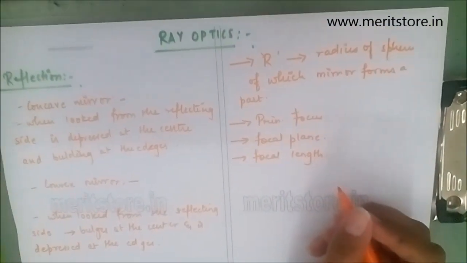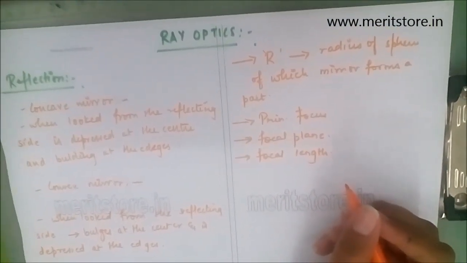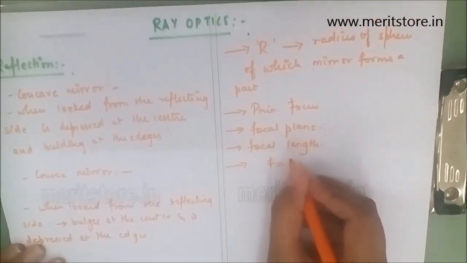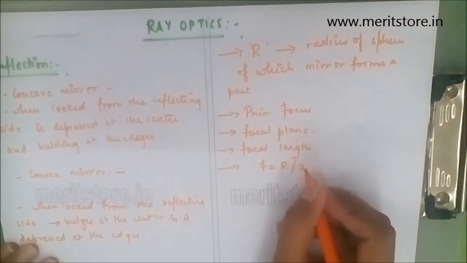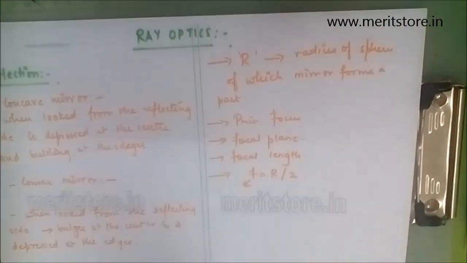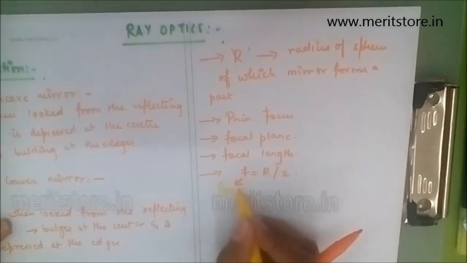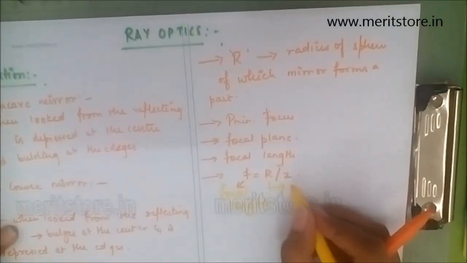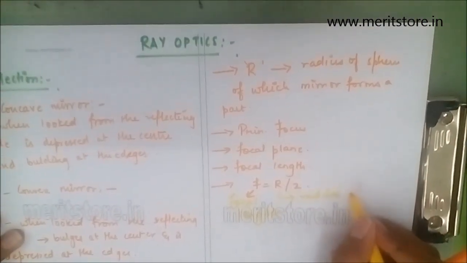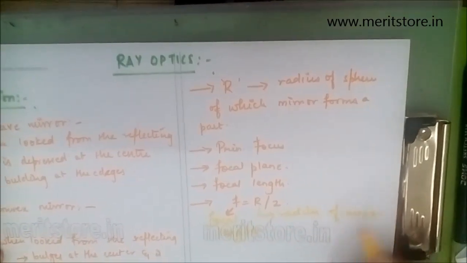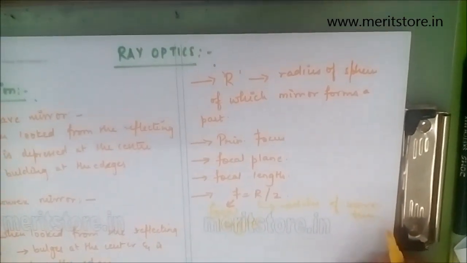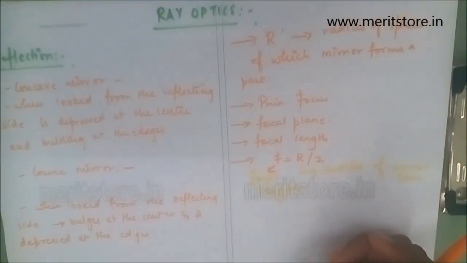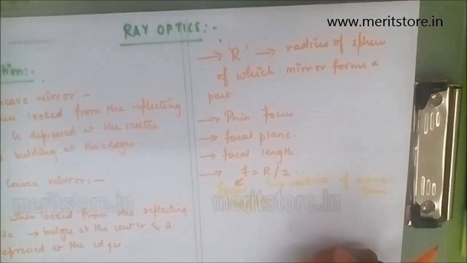The relation between the focal length and the radius of curvature is given as F is equal to R by 2, where F is the focal length and R is the radius of curvature. This signifies that the focal length of a spherical mirror is half of its radius of curvature.